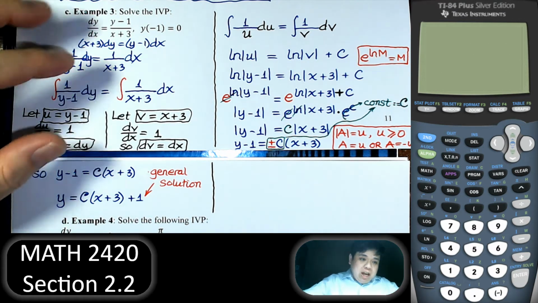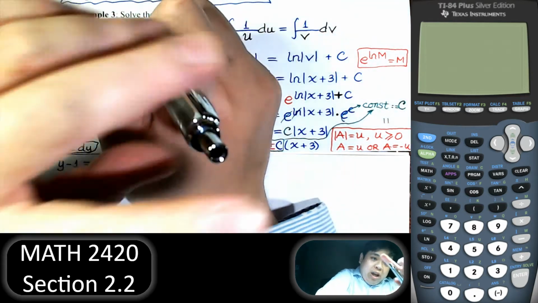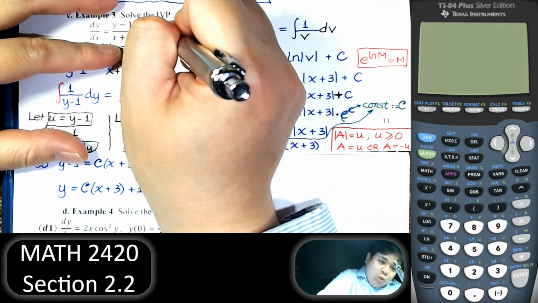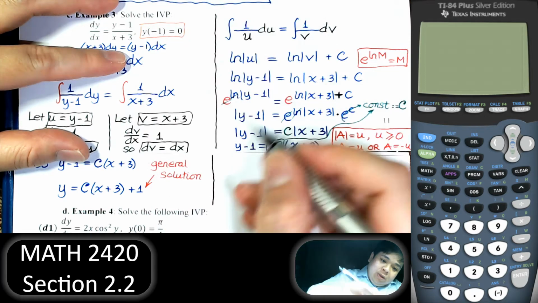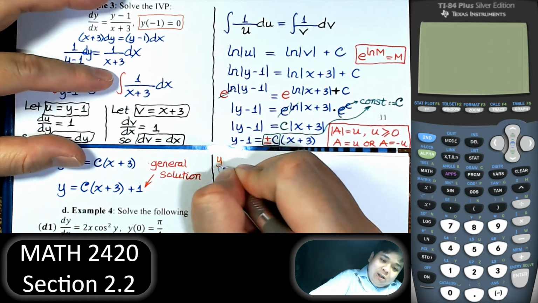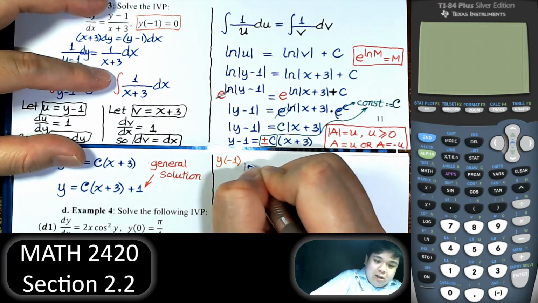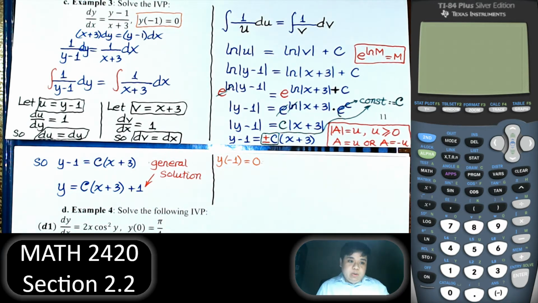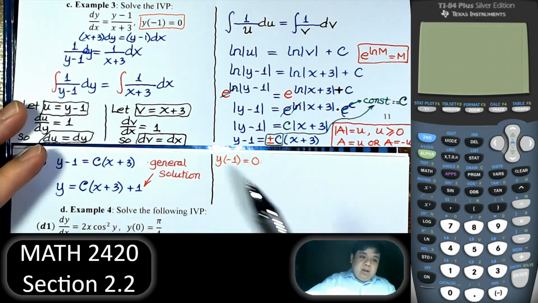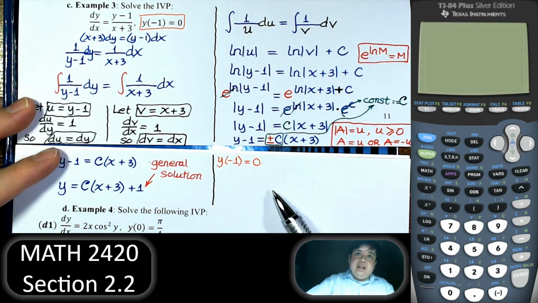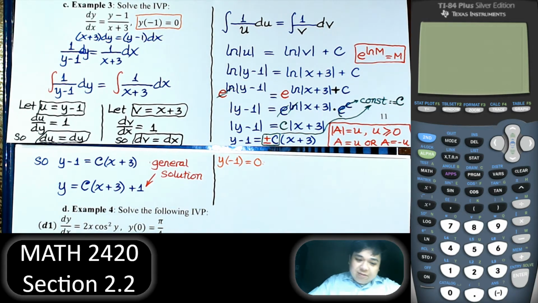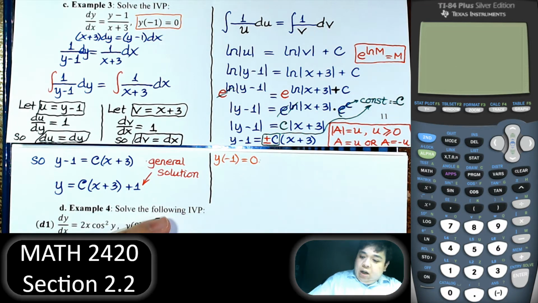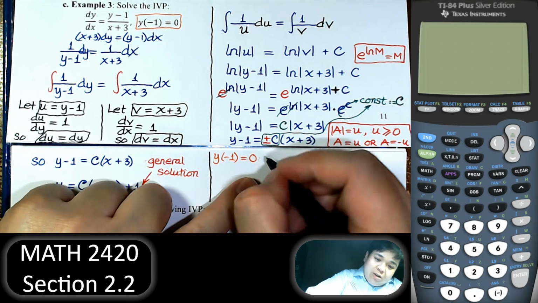Almost everything, except in this one we have the initial condition, which we haven't used. So we have y of negative 1 equal to 0, the initial condition we haven't used. So we continue this problem. We go from here to here, and then here. x equal to negative 1, y equal to 0.